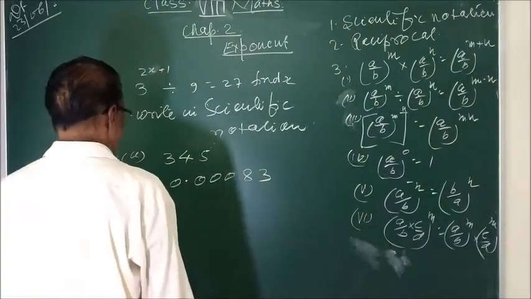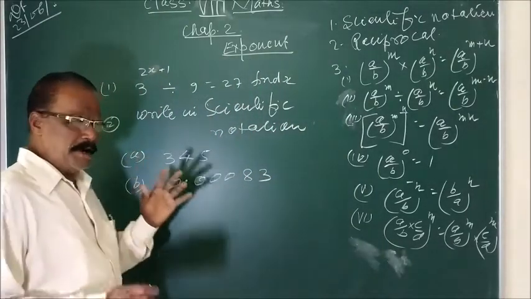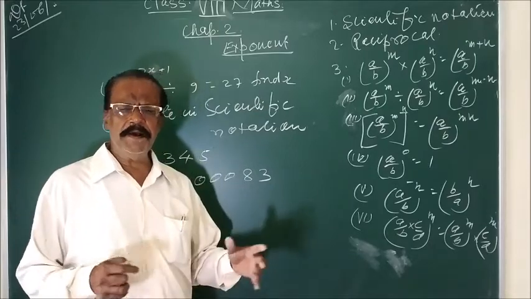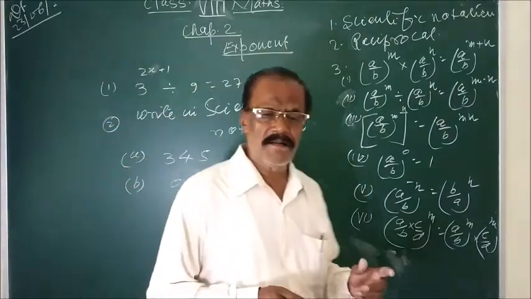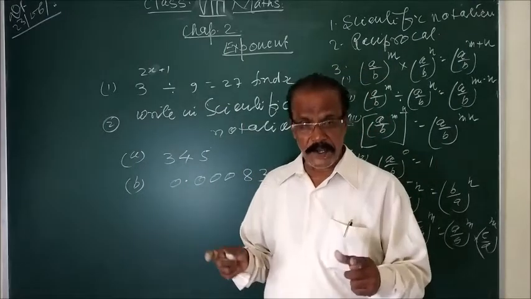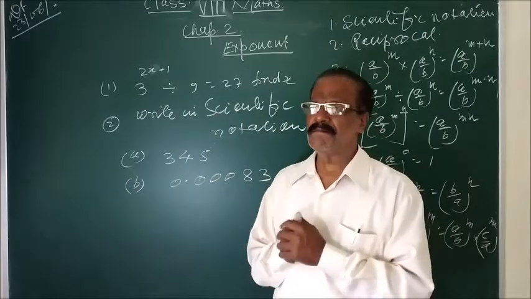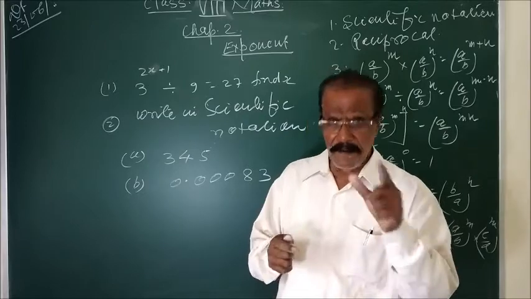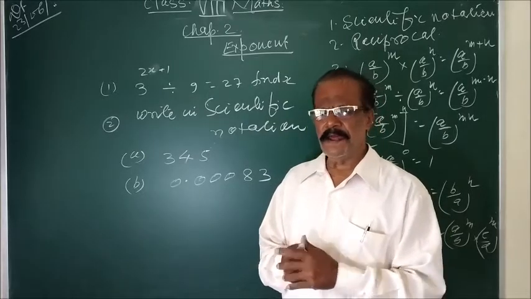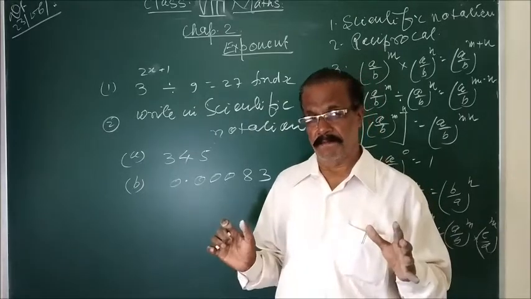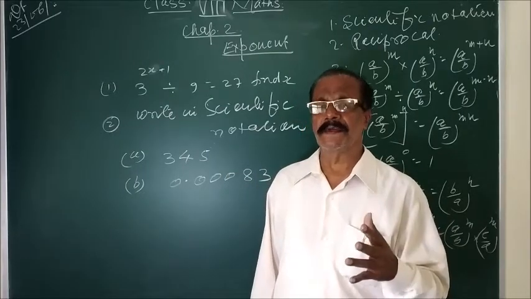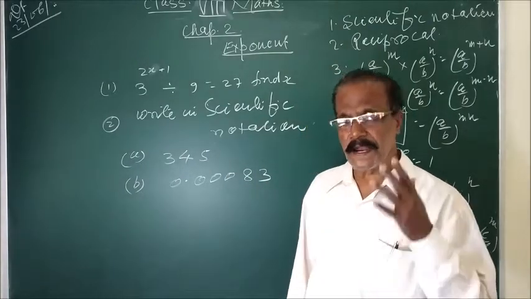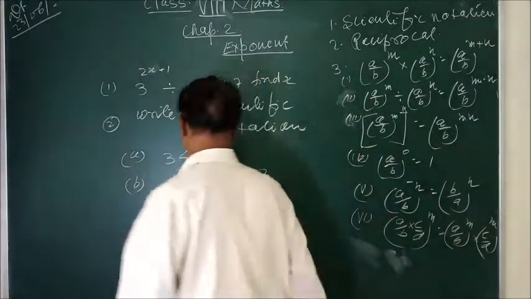Scientific notation: any number, if it is expressed as a product of a number between 1 and 10 and an integral power of 10, that number is known as expressed in scientific notation.